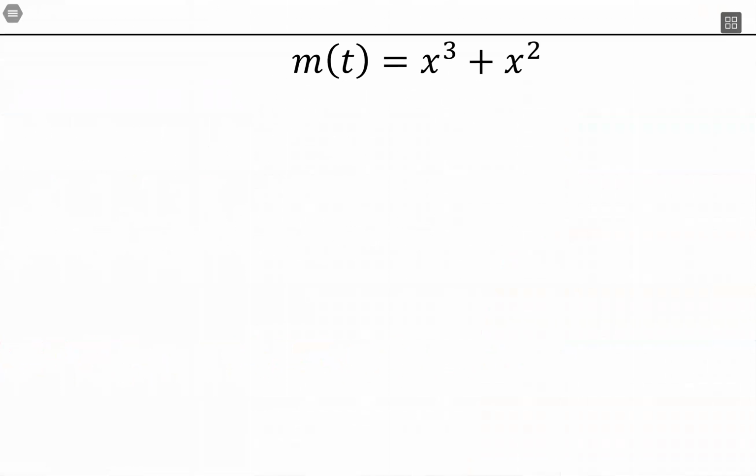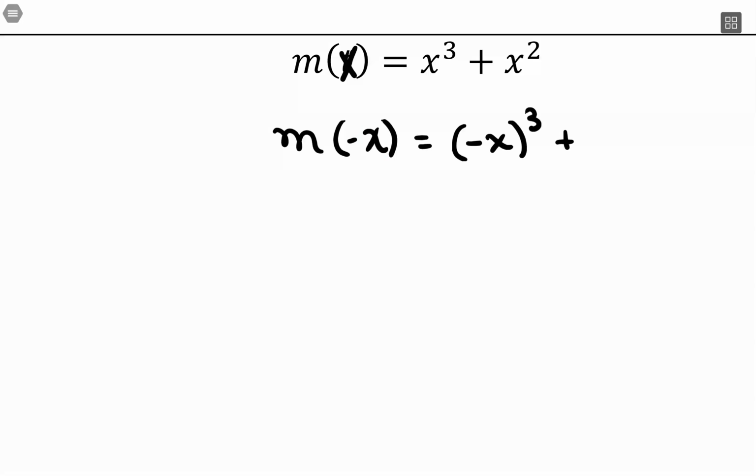Let's look at one more example here, and we could already get a hint that, so we have odd and even. So let's see what happens when we mix the two together. You might already have an idea of what might happen, but let's prove it. So m of negative x, sorry about that, I mixed variables, m of negative x, so we'd have negative x cubed plus negative x squared.